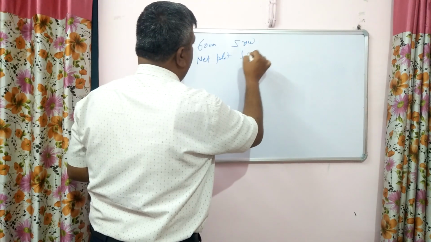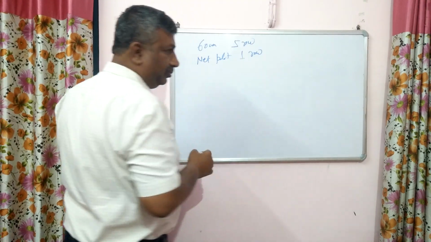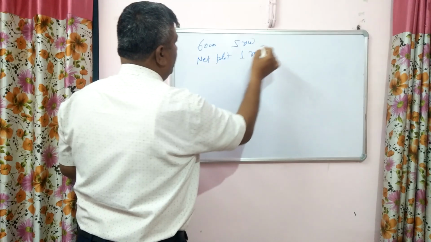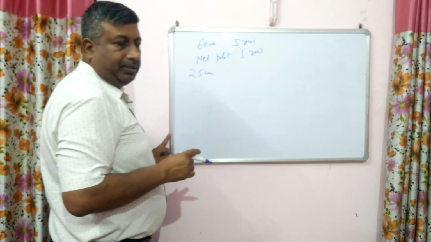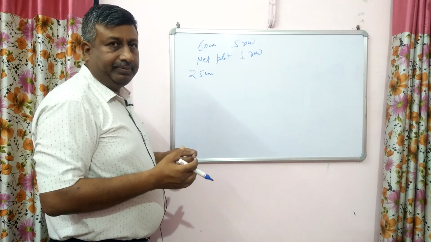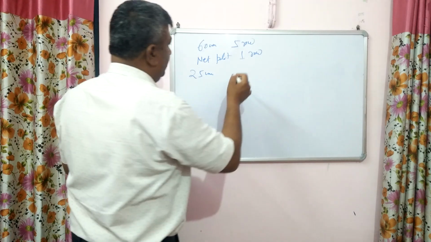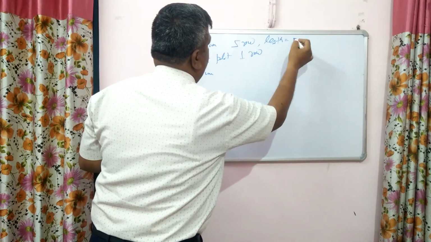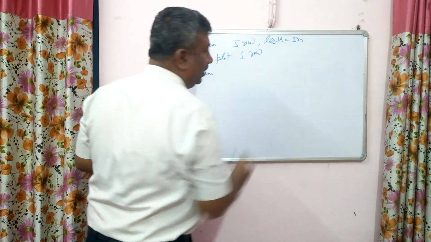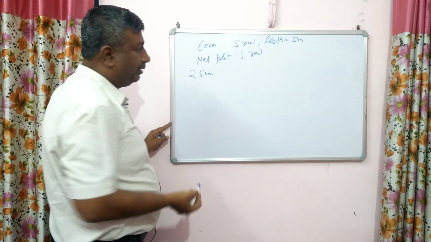Net plot is 1 row and plant to plant spacing is 25 centimeter and leaving 1 plant from both sides, and the length of the plot is 5 meter. Then find out the gross plot and the net plot.